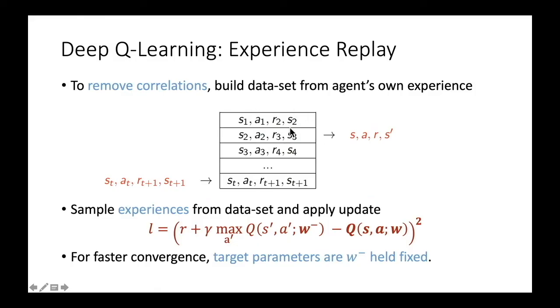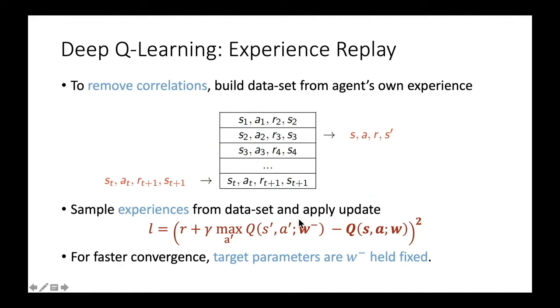Now they don't do an update on every possible step. This particular weight update is not done on every step, because that will introduce the problem of correlations, right? Each experience is correlated with the previous experience. Instead, once they have this buffer of data, they randomly sample some number of data points to remove these correlations, and then they run this weight update.